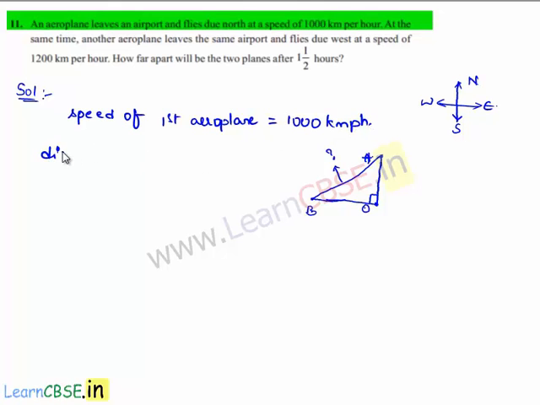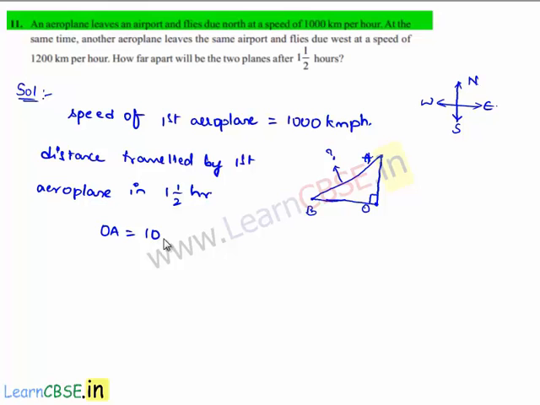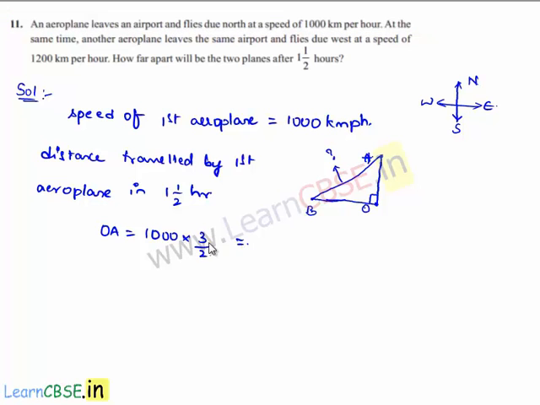So now distance travelled by first aeroplane in 1.5 hours will be OA, that is equal to 1000 into 1.5 hours, which is nothing but 3/2, which is equal to 1500 kilometers. So we got OA as 1500 kilometers.